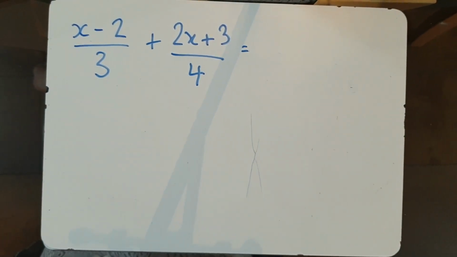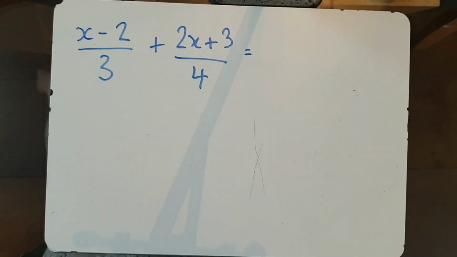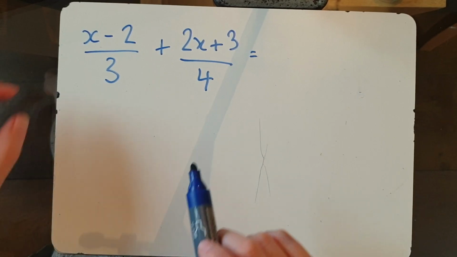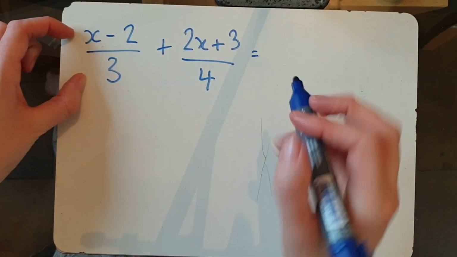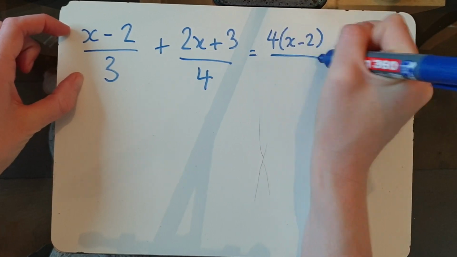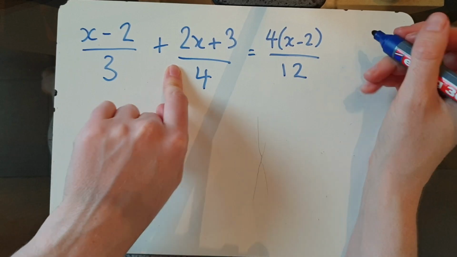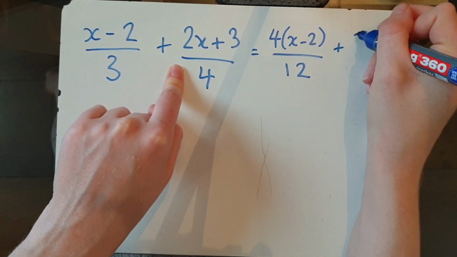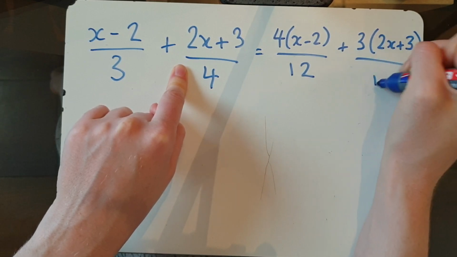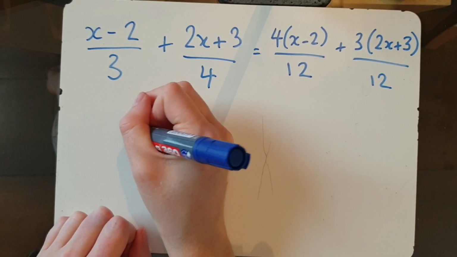Just like with the numeric fractions, we need to turn these two fractions into equivalent fractions so that they have the same denominator. So for this one, I'm going to multiply by 4. And then for this one, I'm going to multiply by 3. So they now both have a denominator of 12.